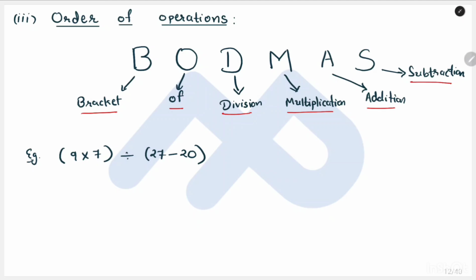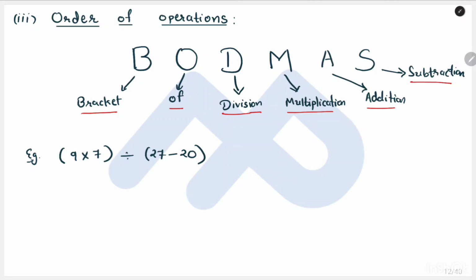Then division, then multiplication, then addition, and then subtraction. So this gives you that priority sequence. First give the priority to brackets, then off, then division, then multiplication, then addition, and subtraction comes last.